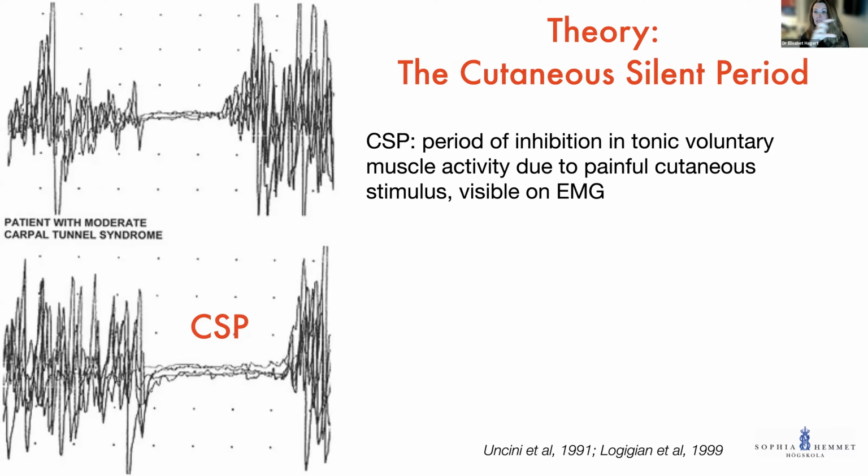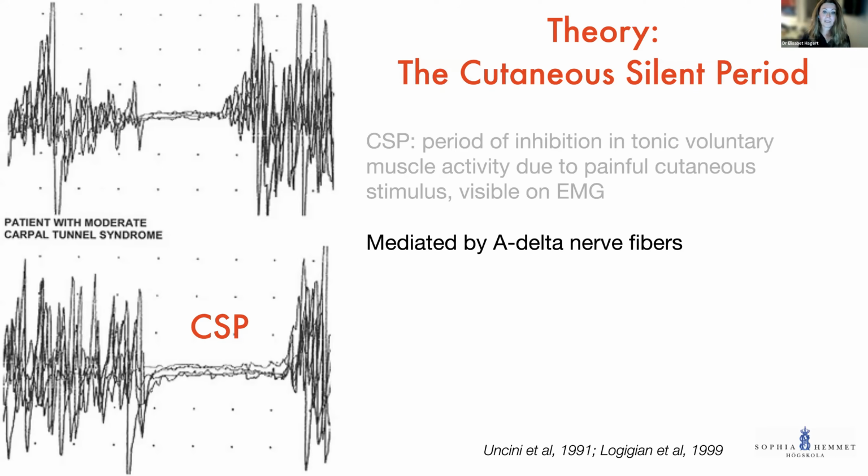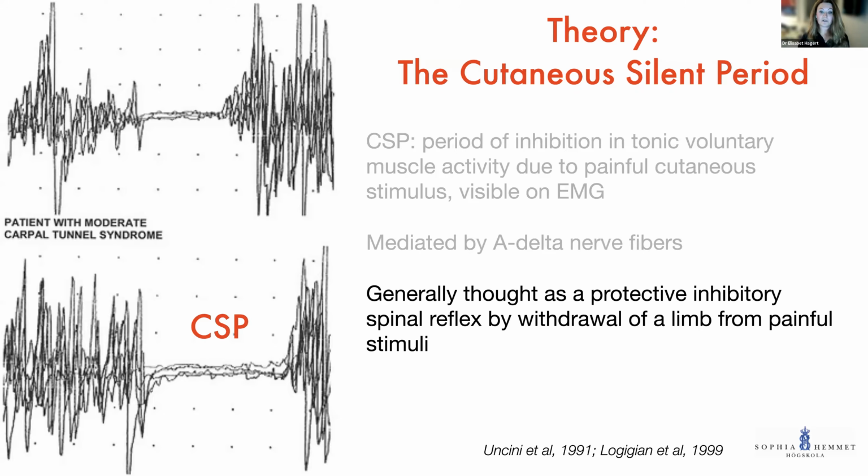So if you have an EMG of a person with carpal tunnel syndrome and you perform some sort of painful cutaneous stimulus, you can see how that EMG signal completely falls away and then comes back. This is mediated by A delta nerve fibers and is generally thought of as a protective inhibitory spinal reflex that is causing withdrawal of a limb from a painful stimulus.